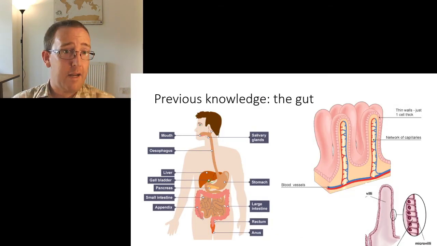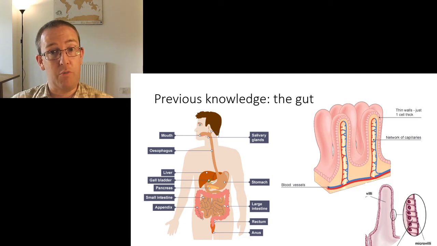The next part where you're going to talk about exchanges is the human gut. We go into this in quite some detail, so a basic understanding of the order of the organs in the digestive system would be really helpful: the esophagus, the stomach, the small intestine, the large intestine. You did it at Key Stage 3, did it at GCSE, you should be familiar.